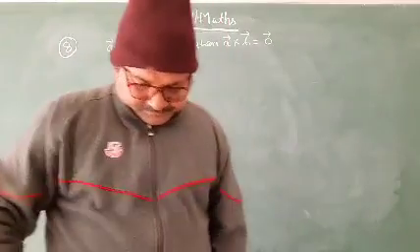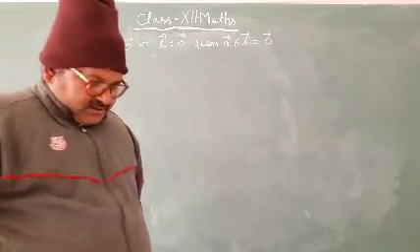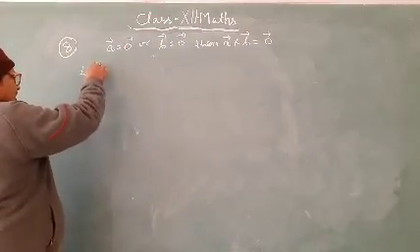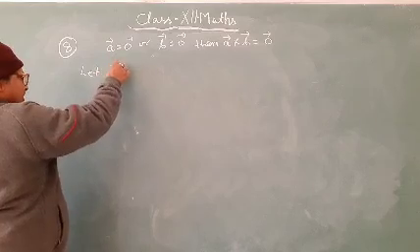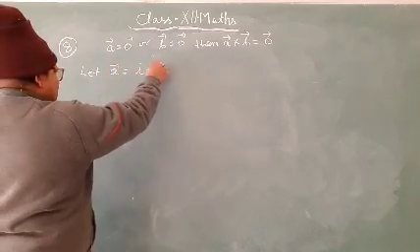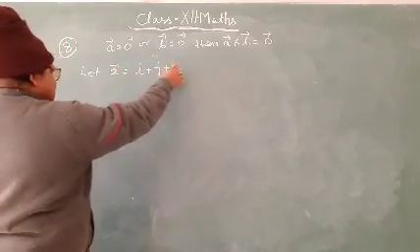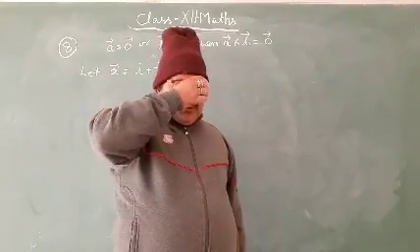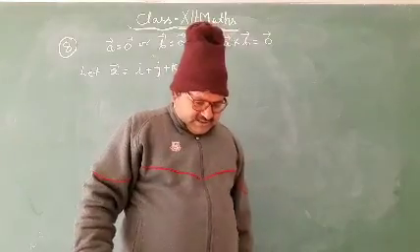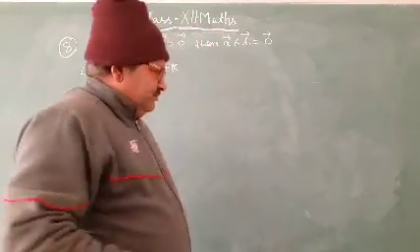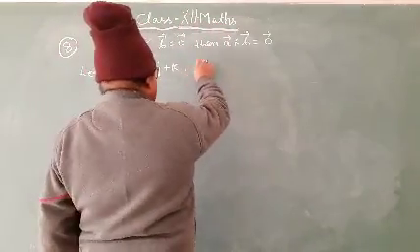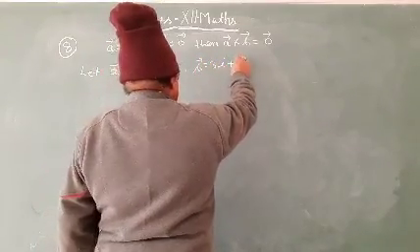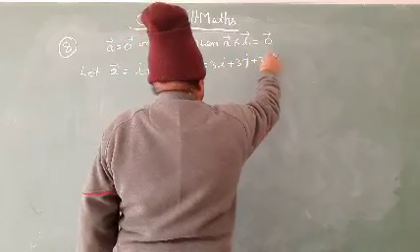Let vector a equal to i plus j plus k and vector b equal to 3i plus 3j plus 3k.